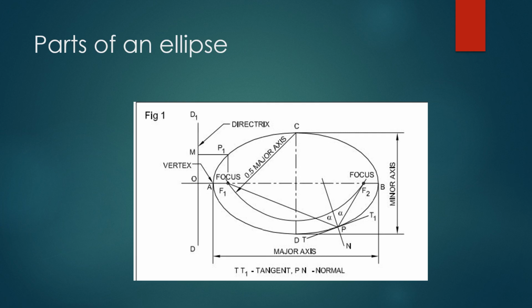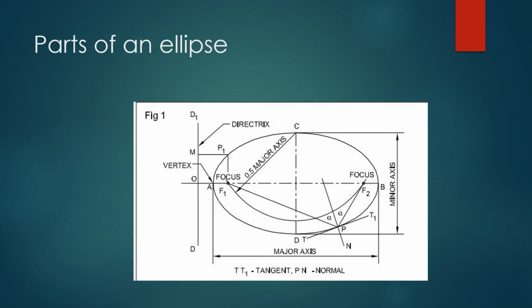As I've said, it's worth noting that the directrix is perpendicular to the major axis and parallel to the minor axis.